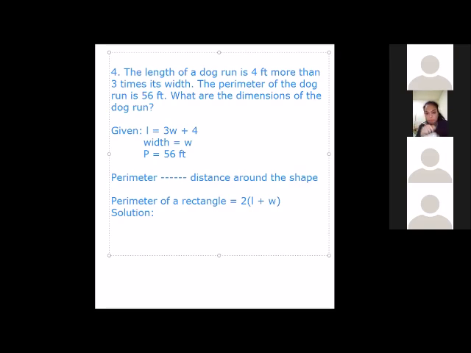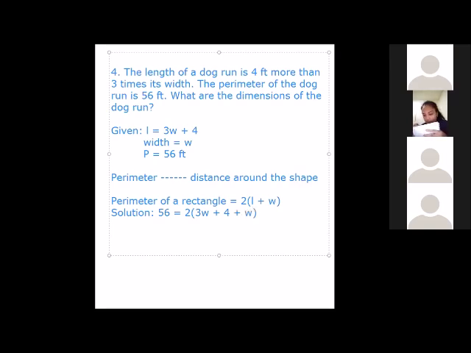So our perimeter is 56 equals 2 times our length, can you recall what is our length? 3W plus 4. Okay, 3W plus 4 plus our width, which we let it as W.